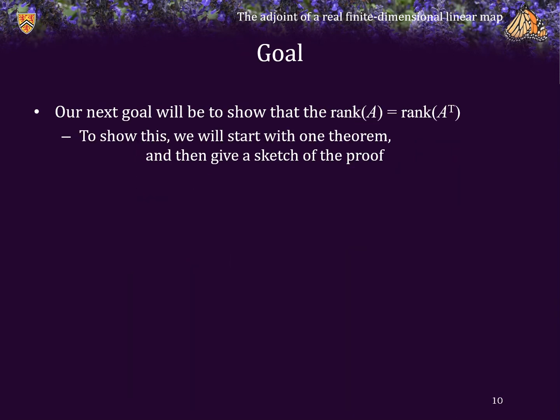Next, our goal is going to be to show that the rank of A is equal to the rank of A transpose. So, to prove this, we're actually going to start with a theorem and then give a sketch of the proof for the above claim.